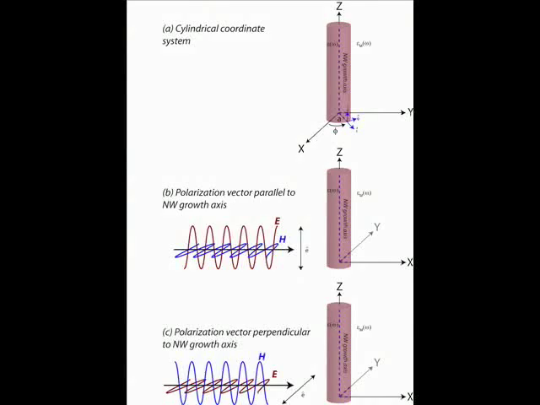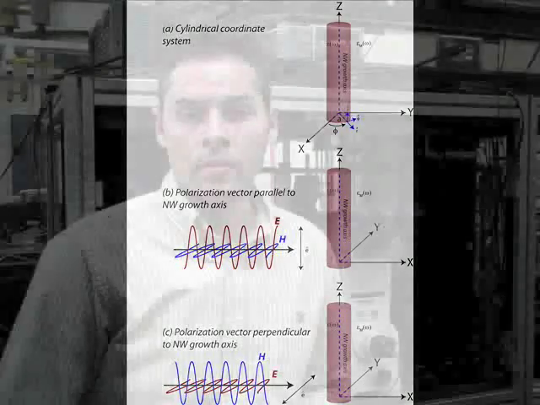This is due to the fact that the absorption cross-section of a nanowire is largest for light polarized parallel to a wire's growth axis, and smallest when the light is perpendicularly polarized to the wire's growth axis. This means that as more light is absorbed by one of the three arms, as the polarization vector becomes parallel with a particular arm, the brighter the arm's emission becomes.